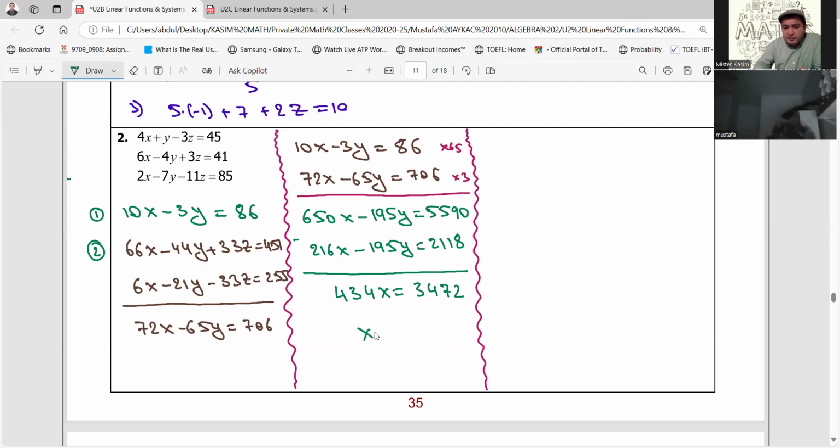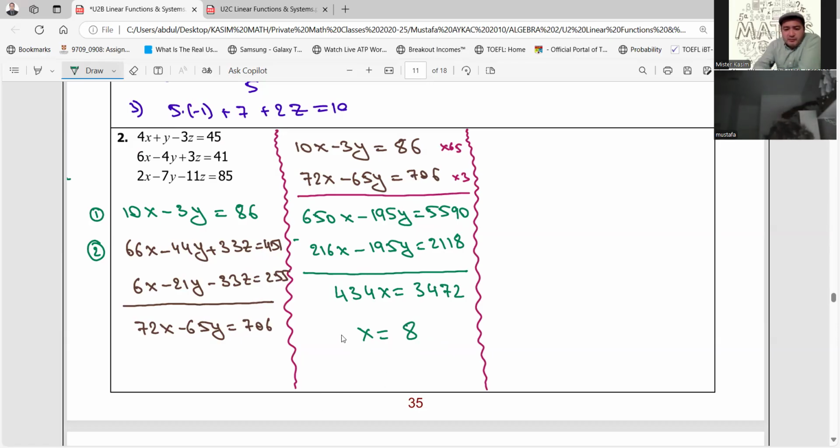And now if you divide this by 434, 3472 divided by 434 is 8. That's the most important step. And the rest is just back substitution, we can actually get the value of y and the value of z.